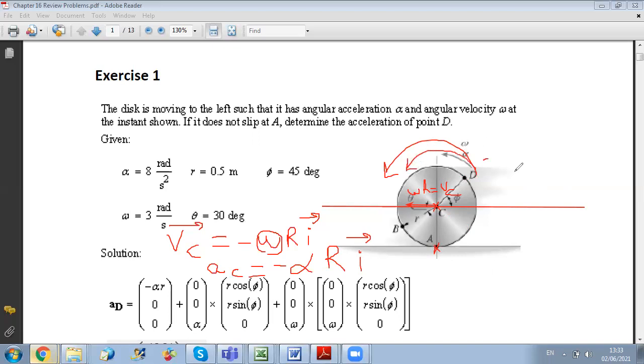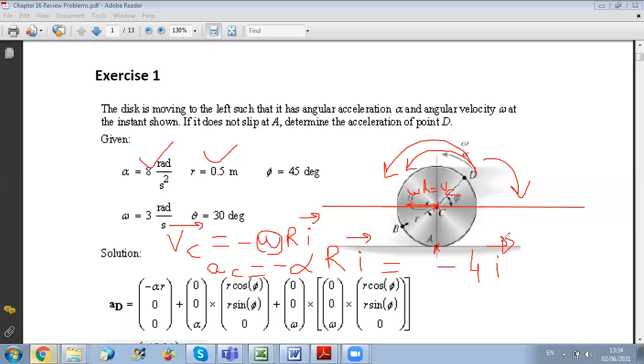If alpha were counterclockwise, with deceleration, then AC would be plus alpha r. Okay? So now, since we know alpha is 8 and we know the radius, the acceleration of C is minus 4I. AC is minus 4I. Okay?